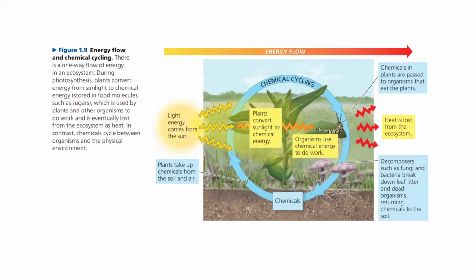So one of the reasons why they need water is, as mentioned, plants convert energy from sunlight to chemical energy, as in stored in food molecules such as sugars. In order to make the sugars, they need the water. To be more specific, a fancier term for sugar is carbohydrates.